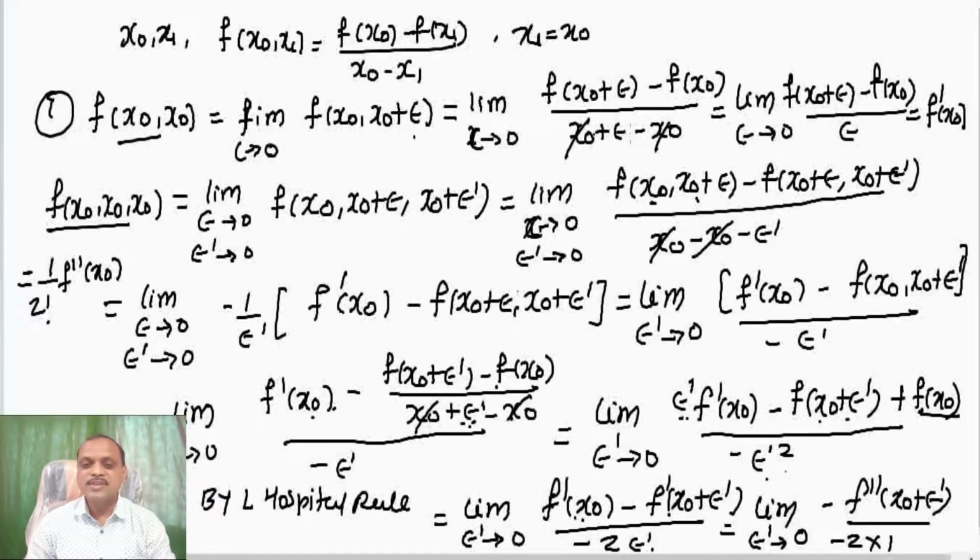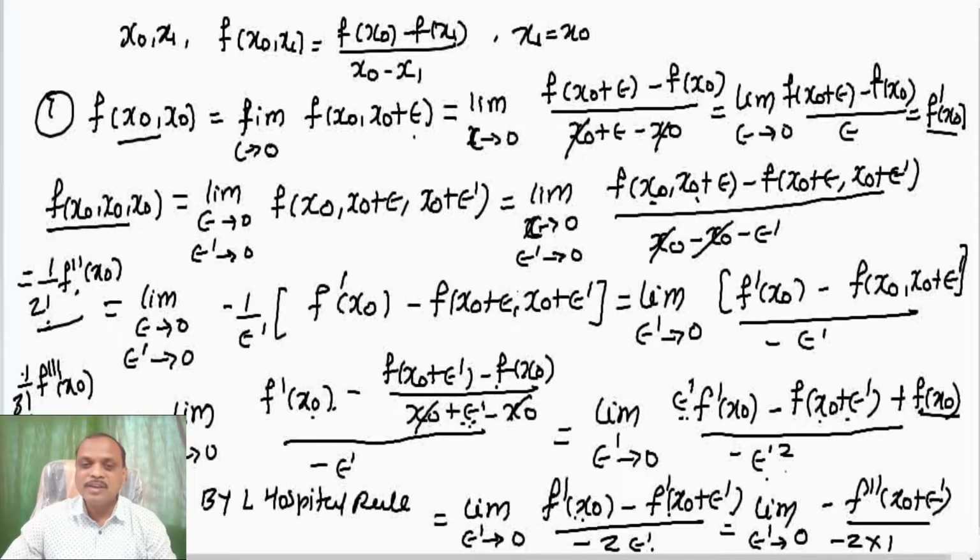So the first divided difference is f dash of x0. The second divided difference is 1 divided by 2 factorial into f double dash of x0. Similarly, the third divided difference will be 1 divided by 3 factorial into f triple dash at x0.